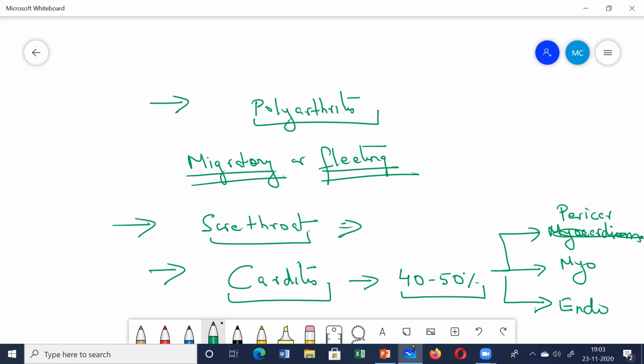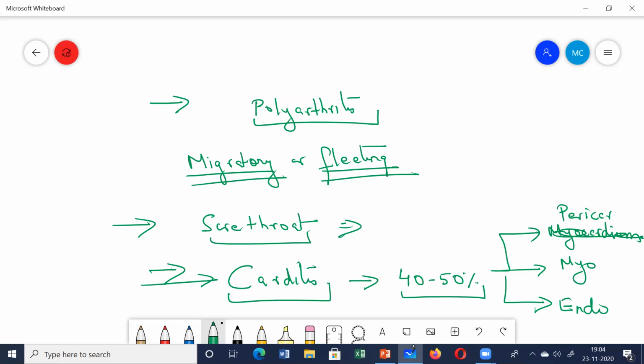So depending upon what is involved, and sometimes all the 3 layers are involved, you will get different manifestations. Usually those who develop carditis, they develop it quite early, within 3 weeks of the onset. So the features of carditis develop within 3 weeks of the onset.